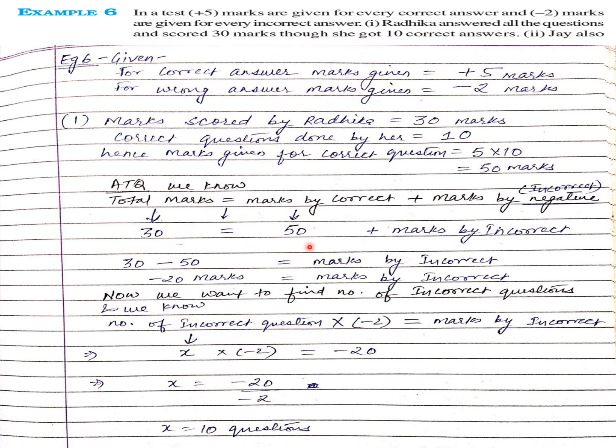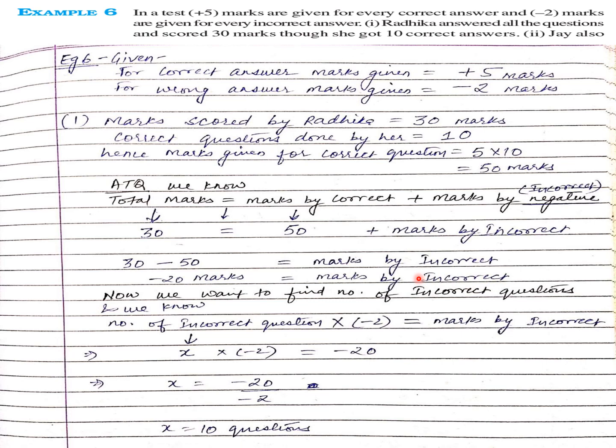So we have 30 minus 50 is equal to marks by incorrect answers. When you do 30 minus 50, it is minus 20 marks. So Radhika has obtained minus 20 marks for incorrect answers.